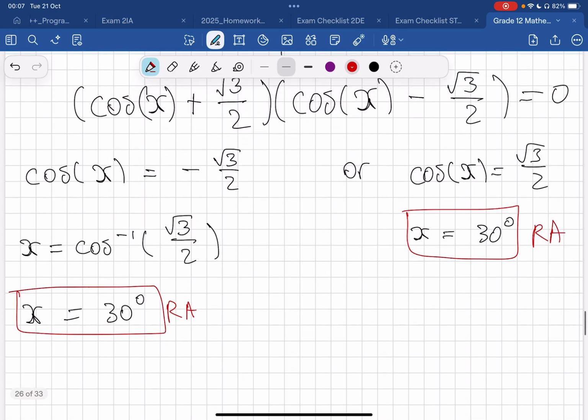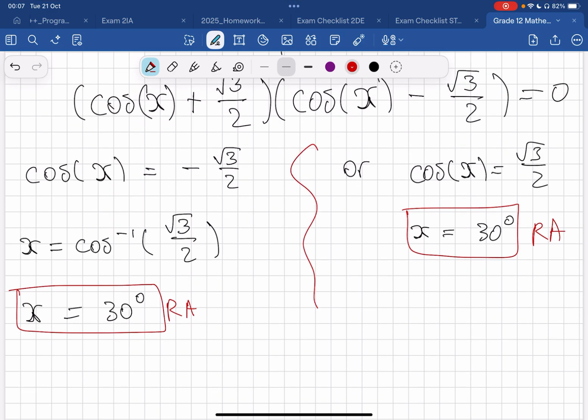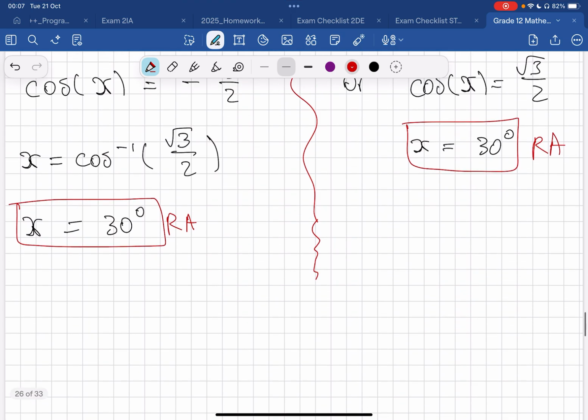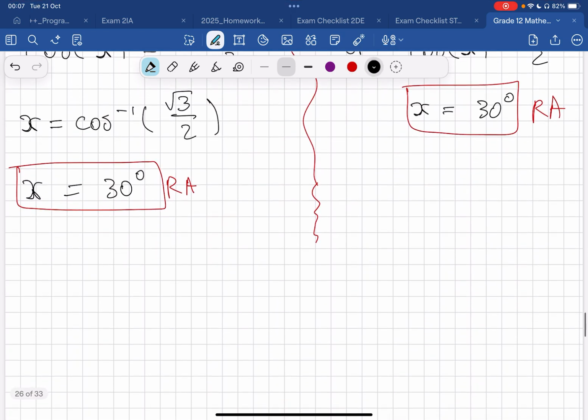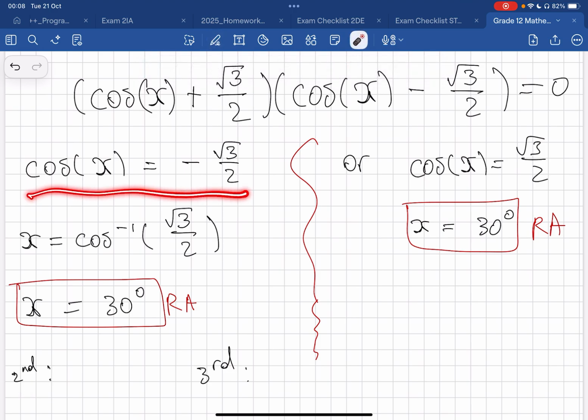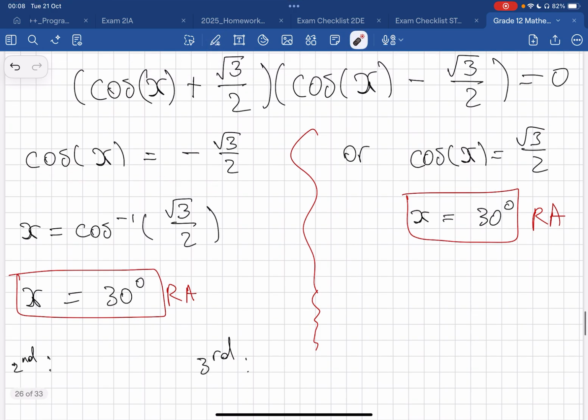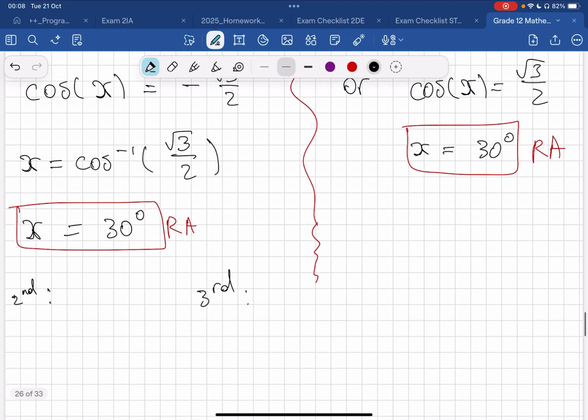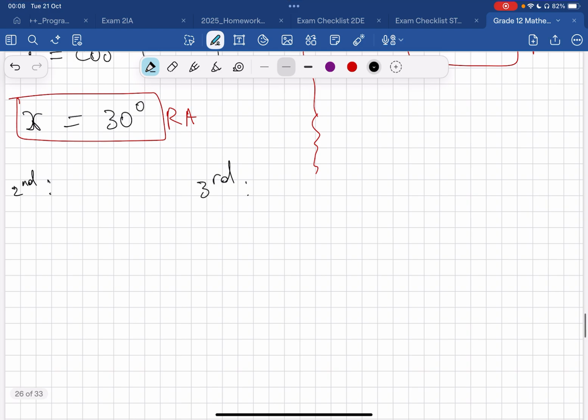Now let's first deal with this part, the left-hand side. This is going to be split into the second and third quadrants. Why? Because cosine is negative. And cosine, if you remember your reduction formulae or your CAST diagram, is negative in the second and third quadrants.